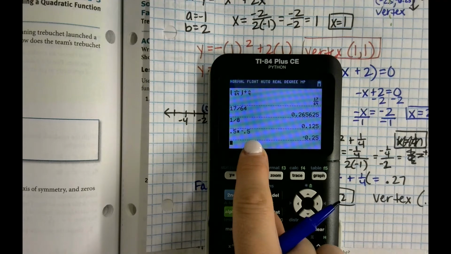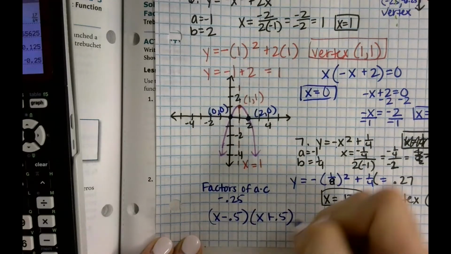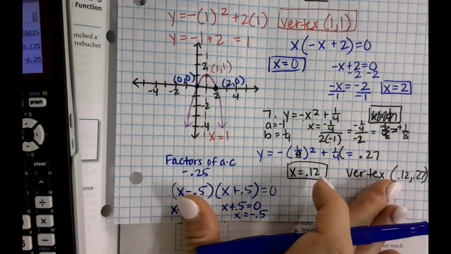So our factors are x minus 0.5 or x plus 0.5. Those equal to 0. X minus 0.5 equals 0. X plus 0.5 equals 0. X equals 0.5 and -0.5.